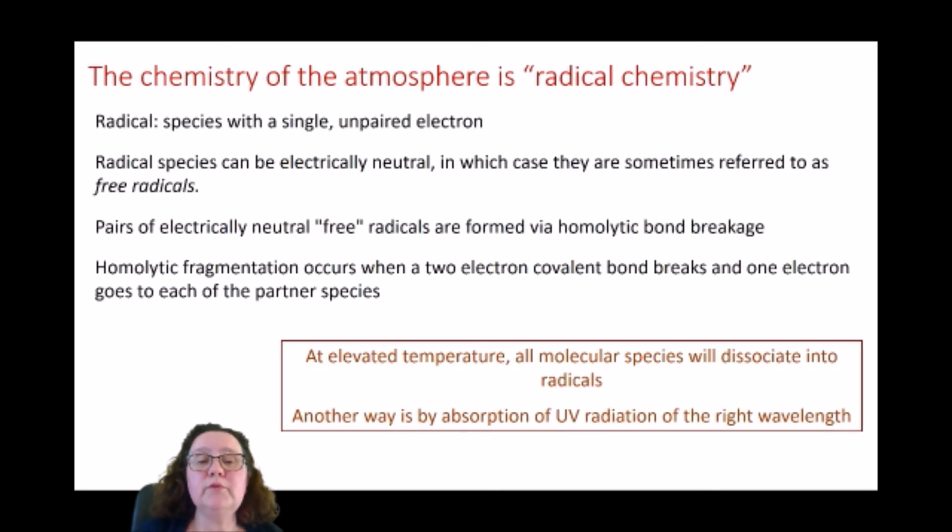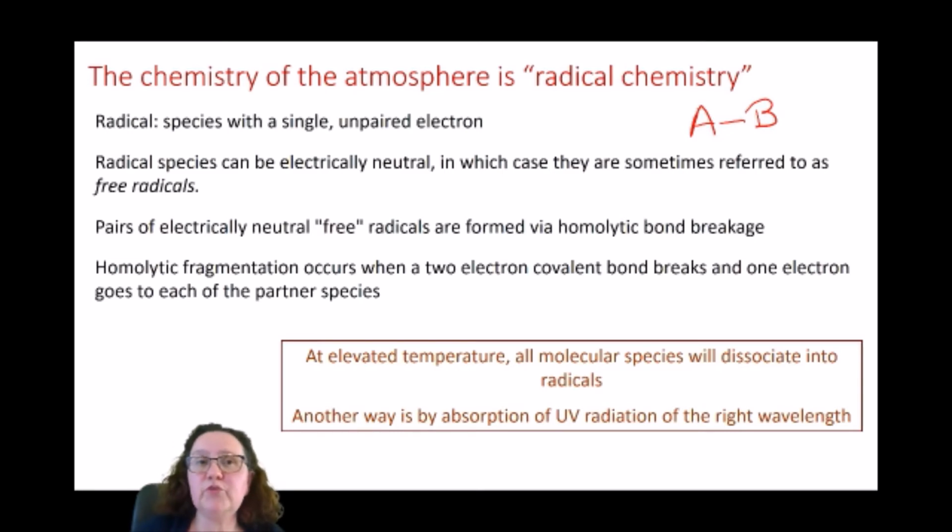How do you form free radicals? Well, they are formed by the homolytic breakage of a chemical bond. Typically, a bond between two atoms, a bond made by two electrons, does not break evenly.